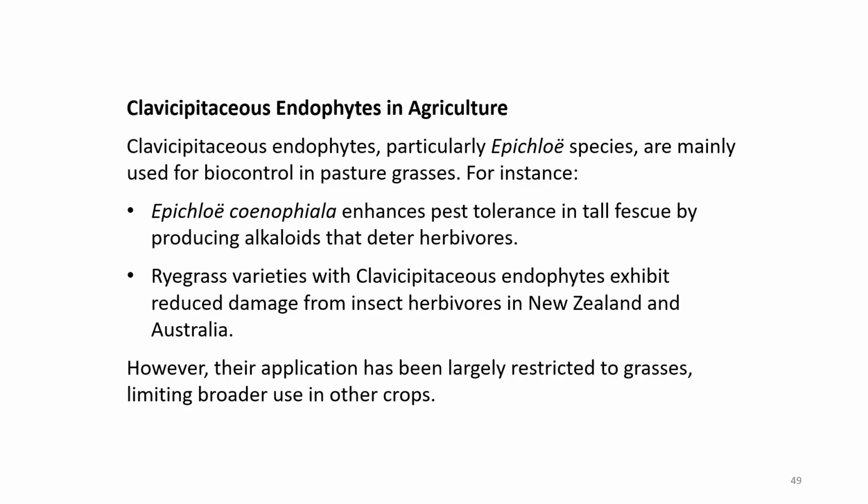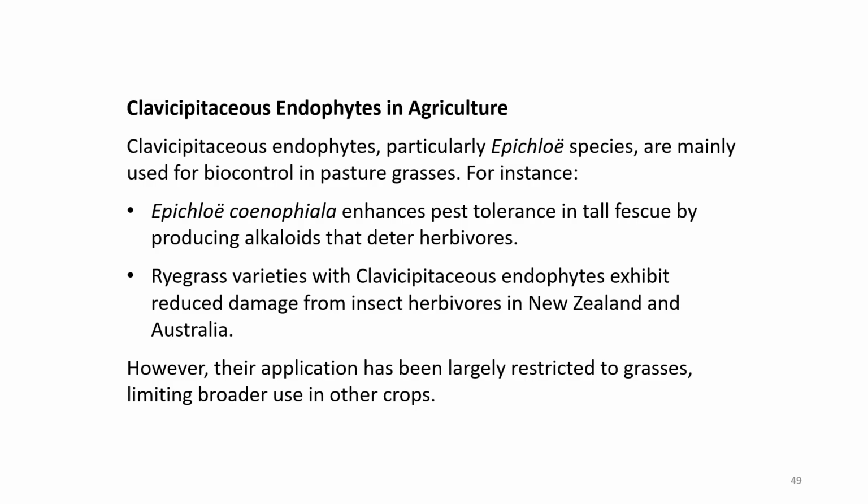Then we have other endophytes which are used in agriculture. For example, we have Clavicipitaceous endophytes. Particularly Epichloë species are mainly used for biocontrol in pasture grasses. These Epichloë species enhance pest tolerance in tall fescue by producing alkaloids that deter herbivores.